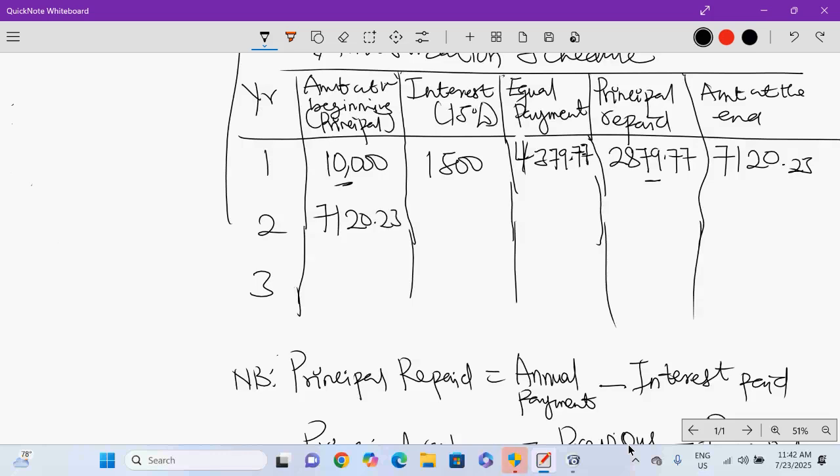What is the interest on that? The percentage of interest is 15%. 0.15 times that gives 1,068.03.